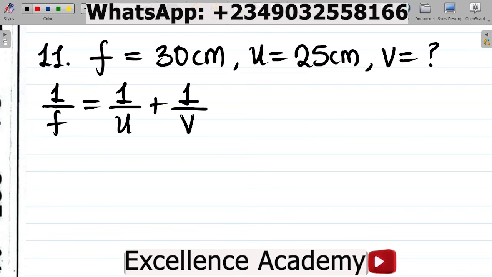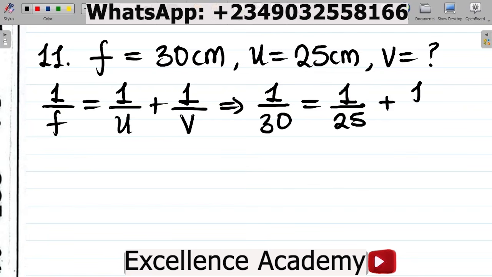The inverse of the focal length is equal to the inverse of the object distance plus the inverse of the image distance. Let's impute values. I have 1 all over, the value of f is 30. It's equal to 1 over u, where the object distance is 25, plus 1 over v. V there is the image distance.